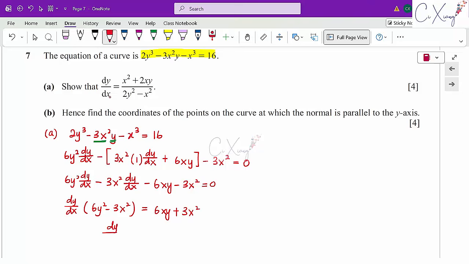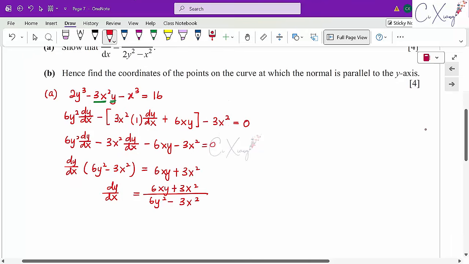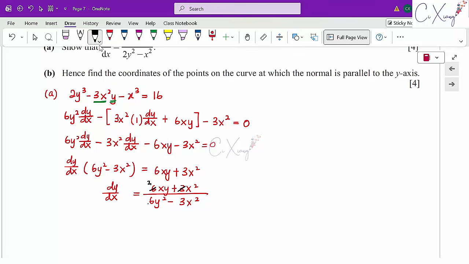Then I want to bring all the terms to the right hand side and keep dy dx on the left. After that, we realize that we can factorize or simplify the 3. This is a 3, simplify it, this is a 2. Then you get a 2, you cancel off the 3 here. That's why eventually you'll get the answer that they want you to prove.